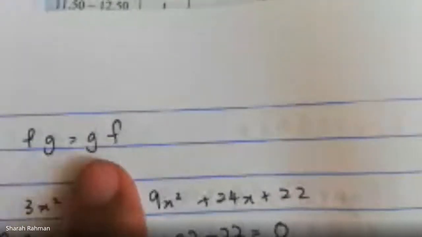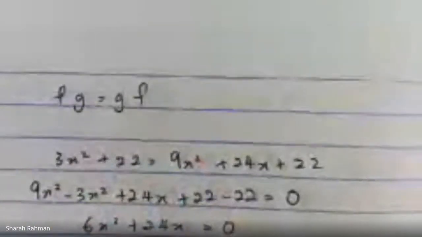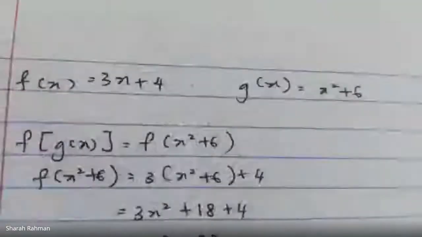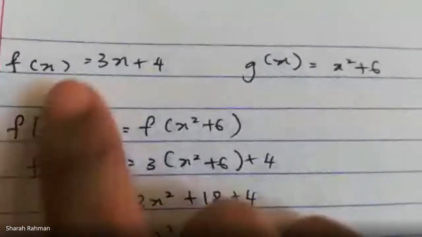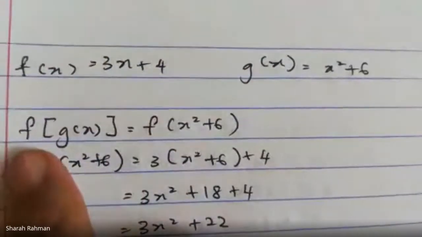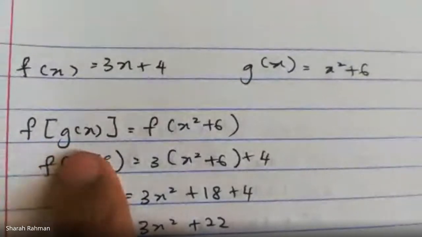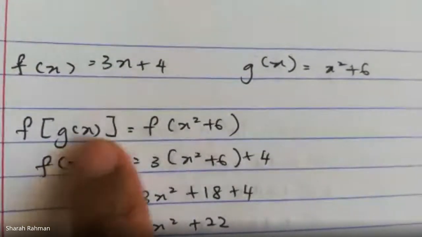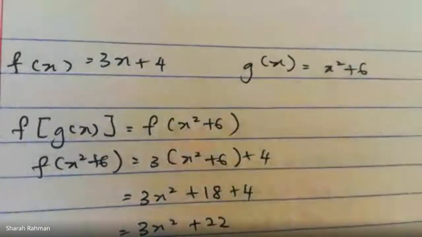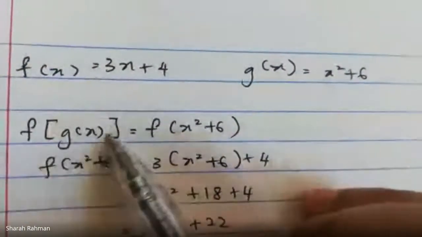So question 3b. Okay, so given fg and gf is equal, so we need to find the fg first. Okay, the first question also asks we to find fg and gf. So fg, okay, this is given, the function given fx and gx. So fg is fgx. So gx, we substitute gx given x squared plus 6. So x squared plus 6, which is, this one kita replace dengan ini.